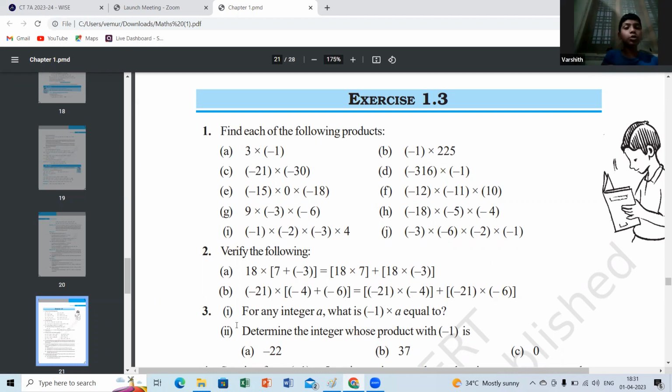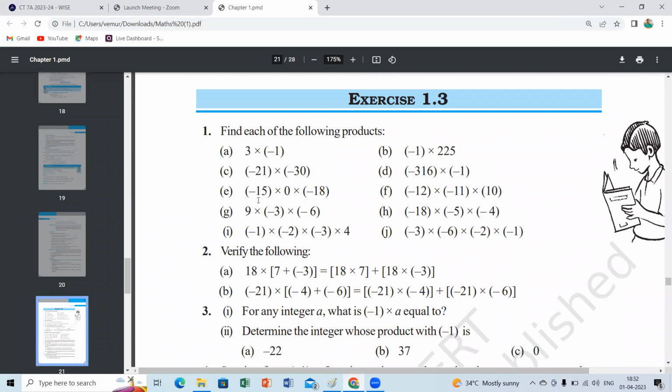Ma'am, negative 225. No, Varshit, it is multiplication, that's not addition. 21 into 3. Ma'am, which are you telling, ma'am? Oh, sorry, I'm thinking about the C bit. Right. You're correct. Negative 225 is correct.